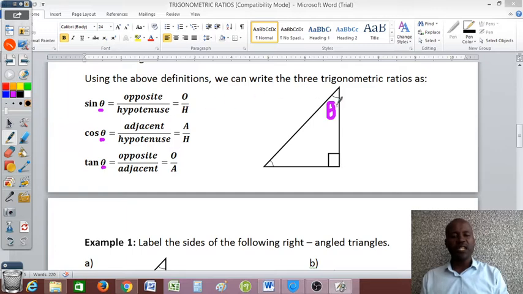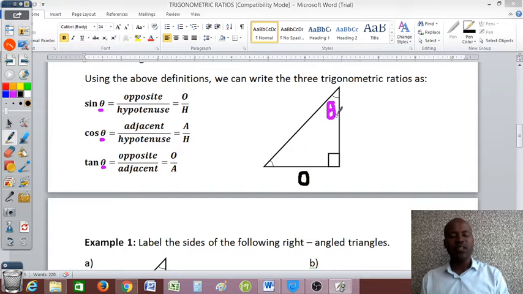Now using this theta, let us give the special names for the three sides of this right angled triangle. Look, this is angle theta. The side which is opposite to the given angle is the opposite side, so here we have O, the opposite.